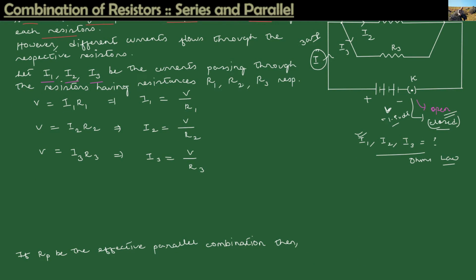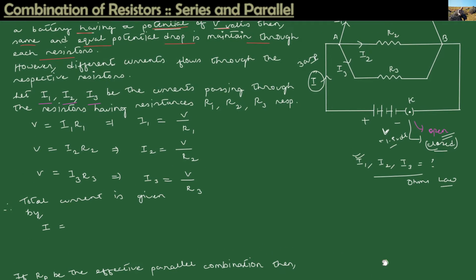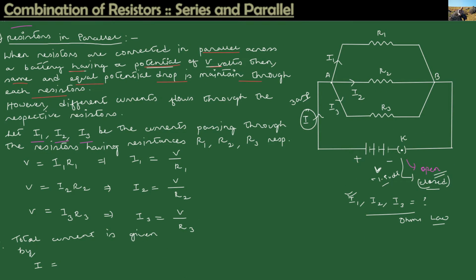If we add all these currents, the total current I in the main circuit will be equal to the addition of I1 plus I2 plus I3.